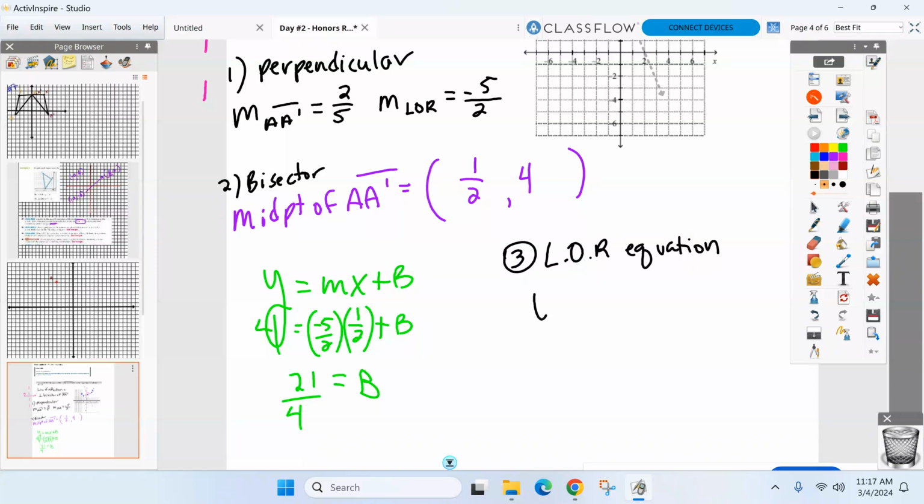We reflected over the line y equals -5/2 x plus 21/4, or 5.25. When you are asked to find the line of reflection, it's just a fancy way of saying find the equation of the perpendicular bisector. Every line of reflection is a perpendicular bisector.